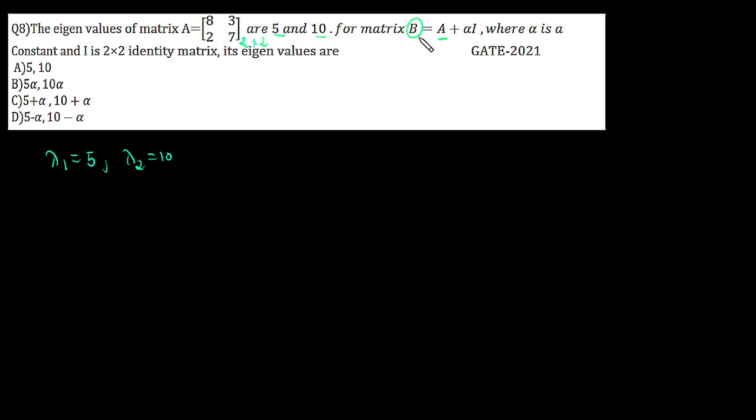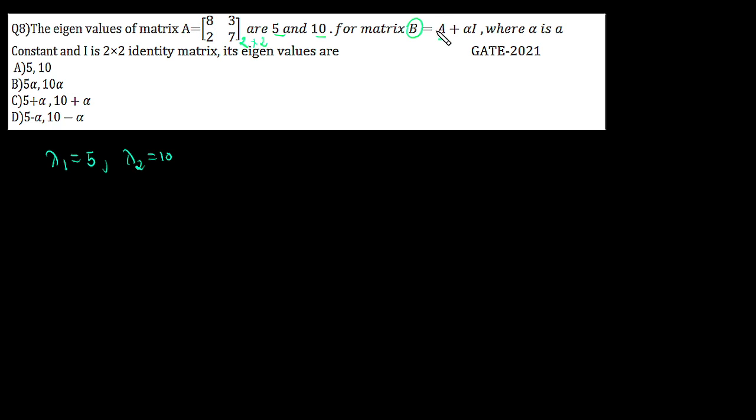So now simply here also we have to use the property of eigenvalues. If any matrix is formed with the help of this matrix A in some polynomial form, then the eigenvalue of the resultant matrix is nothing but just simply the same operation performed on the eigenvalues of the initial matrix.